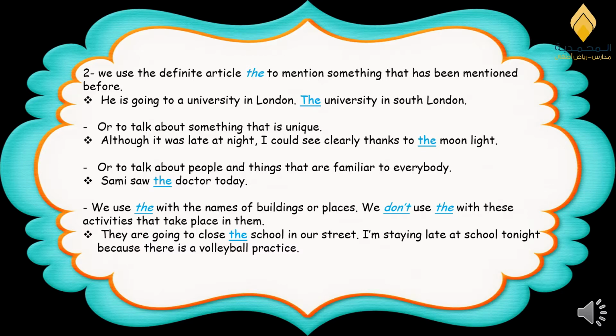So, when you are talking about the activities that happen in these places, you should not use the article the. Okay? Clear? When I'm talking about the activity, I'm not using the. When I'm mentioning the name of the building or place, I use the. Clear?